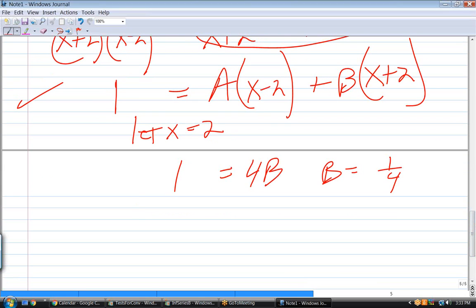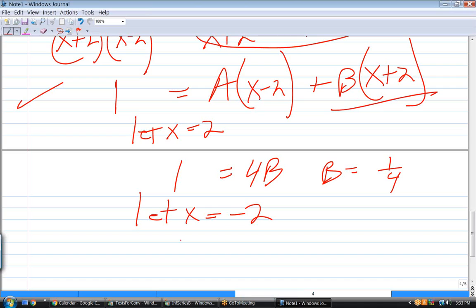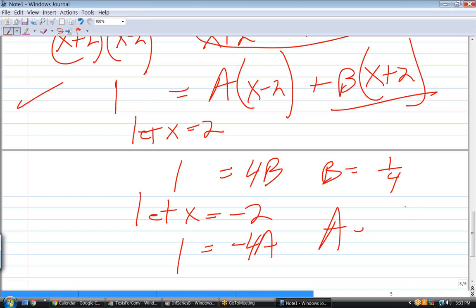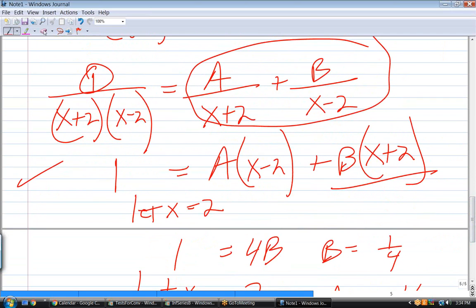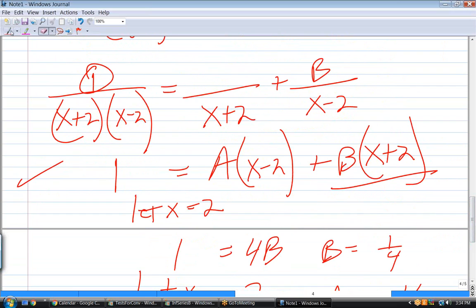And then if I go back and let x equal minus 2, which I can do since the equation has to be true for all x, that makes the b term disappear, and I end up with negative 4a equals 1. So a ends up being negative 1/4. So now I can go back to this step here, and I have a is negative 1/4, b is positive 1/4.